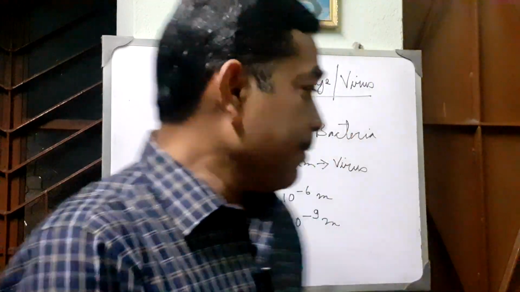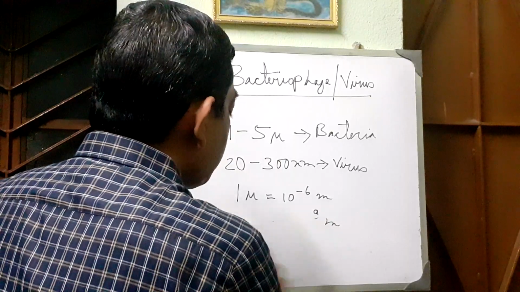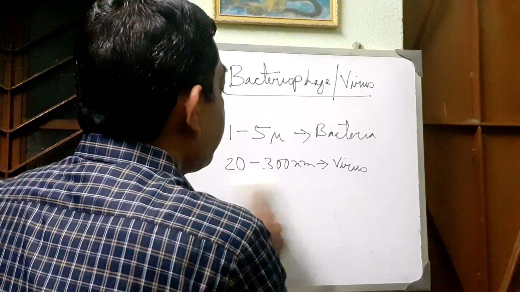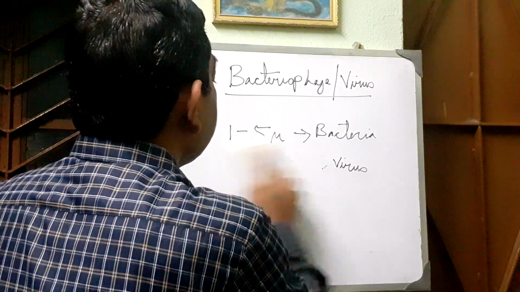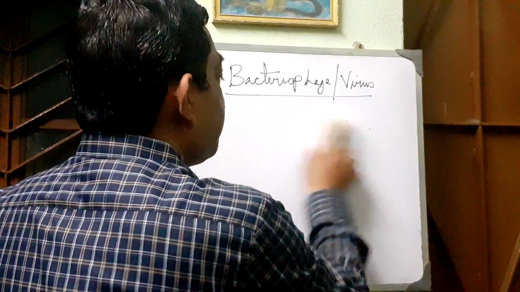This virus particle is also not considered in the living organism group. There are so many kingdoms. We know Whittaker's 5 kingdoms: animal, plant, Monera, Protista, and fungi.